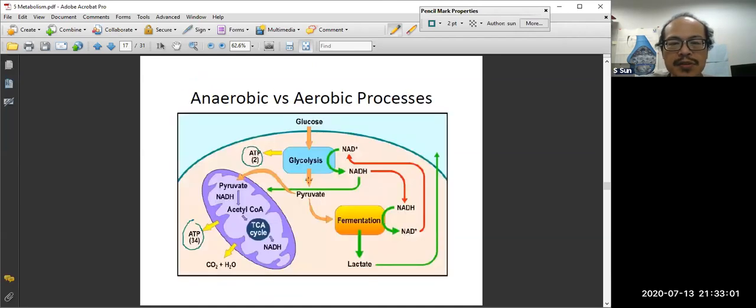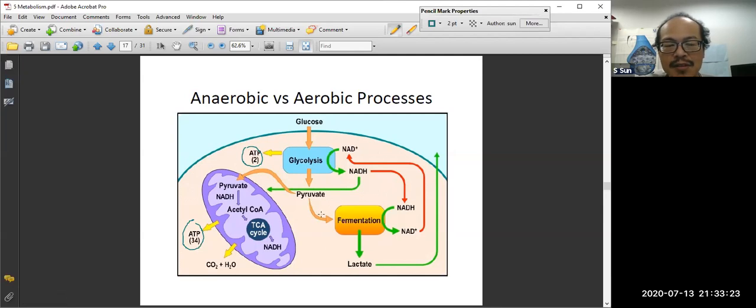So this picture shows you that glucose goes through this glycolysis to form pyruvate, and without oxygen, it will be basically just like it here. But if there's oxygen, pyruvate enters into the mitochondria, converts to the acetyl-CoA and the citric acid cycle, and produces more ATP.